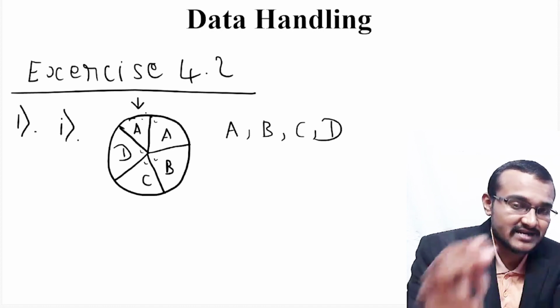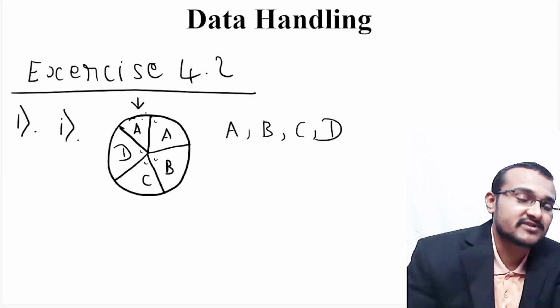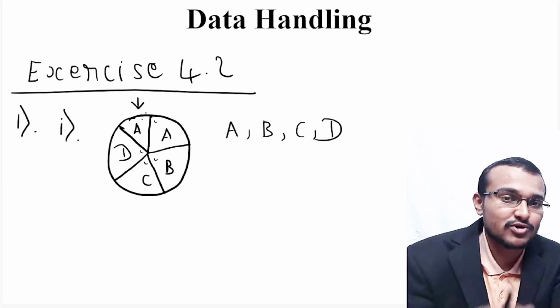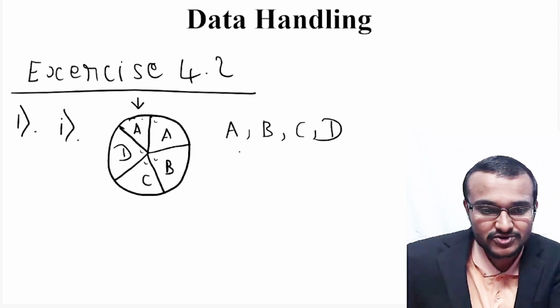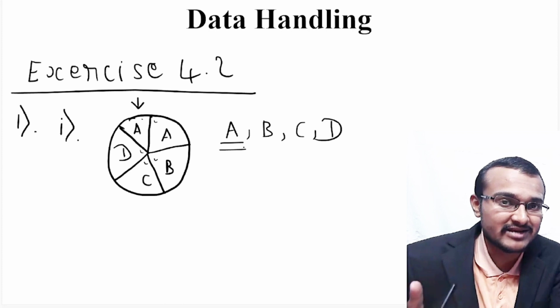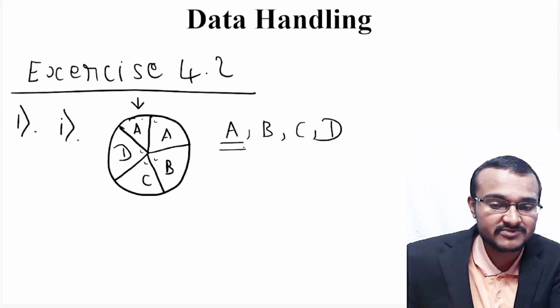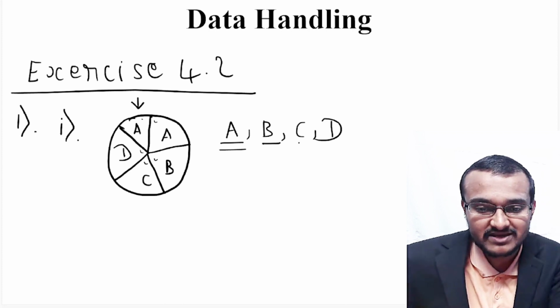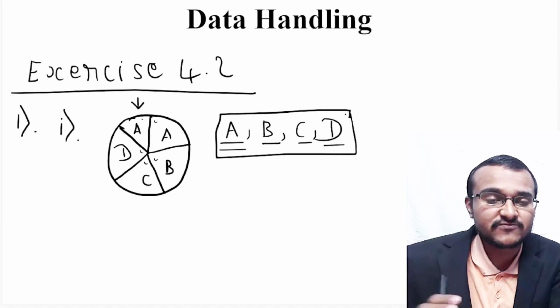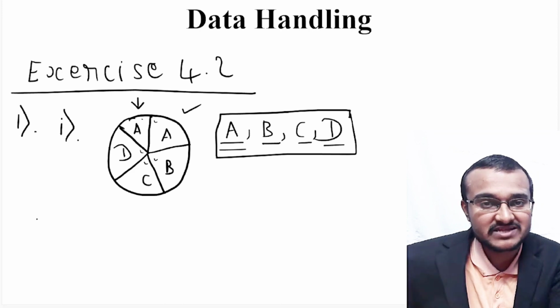Even though there are 2 A's, both will account for the same outcome, because both have A in it. So both will be the same outcome. So instead of writing A 2 times, I'll just write 1 A, because that is the one outcome which is possible. So next is B, next is C, and next is D. So these 4 are the results which are possible when you spin this particular wheel.